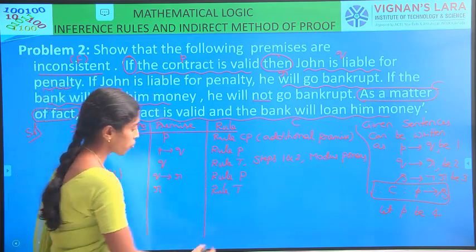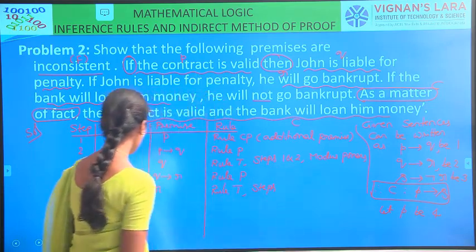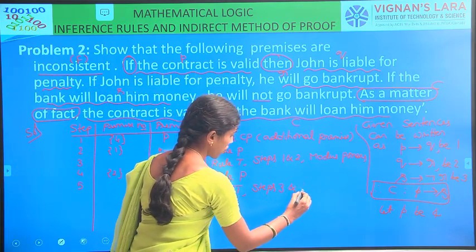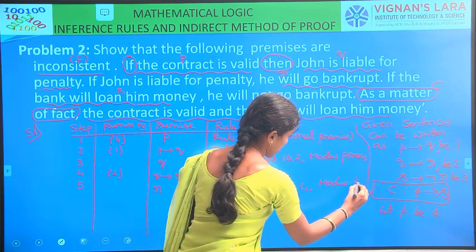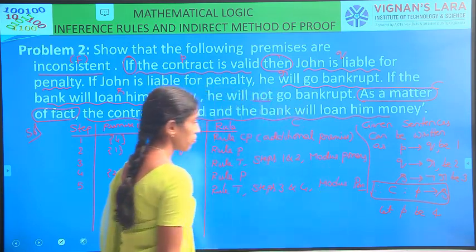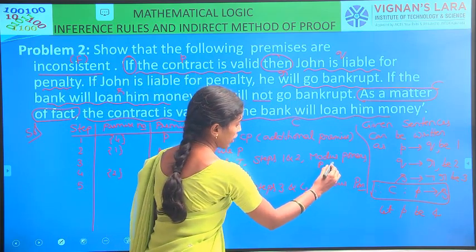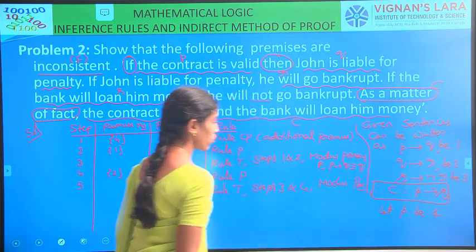Derivation is nothing but rule T. Which steps are we using here? Step number 3 and 4. And which formula are we using here? Modus ponens. What is the formula of modus ponens? P comma P conditional Q is equivalent to Q.